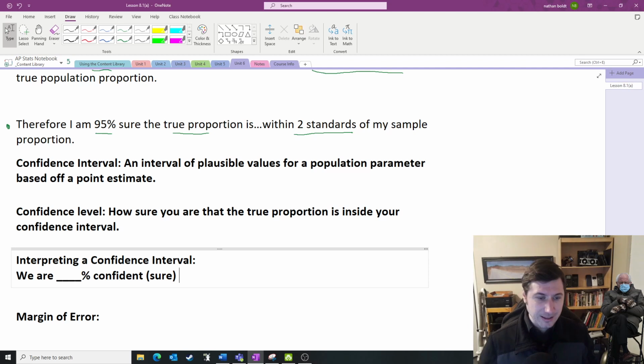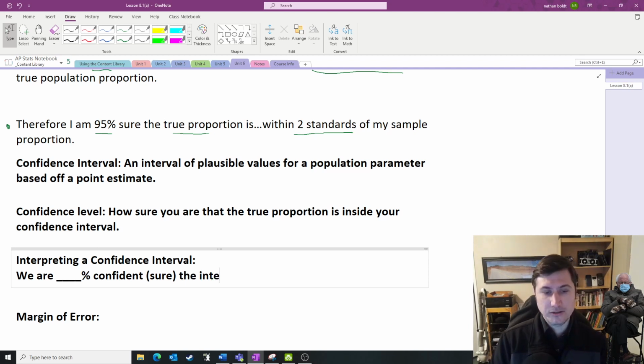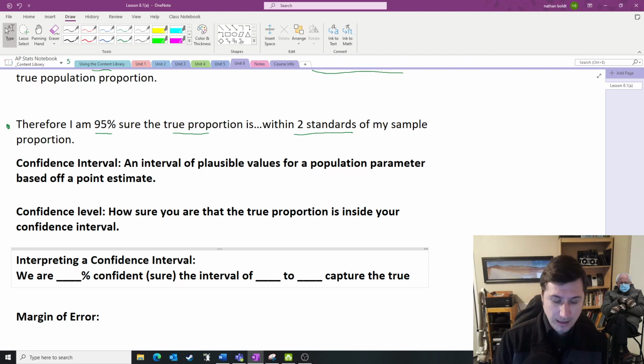We are blank % confident the interval of blank to blank captures the true, not proportion, it could be any parameter, the true, and then whatever parameter you are looking at.